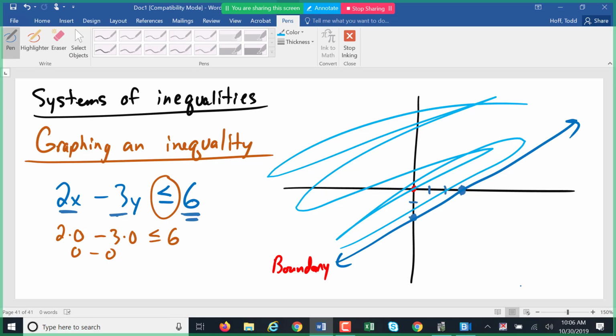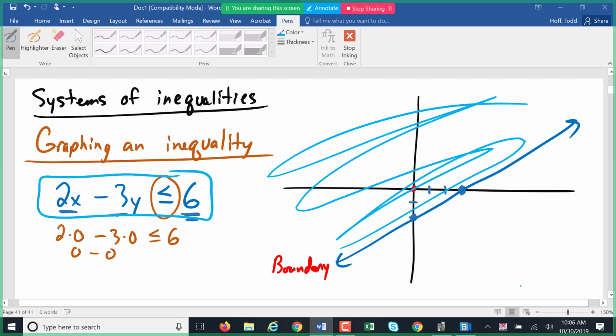So points that are solutions to this inequality are any point on this side of that line, or since it's a solid line, any point that is on that boundary line.